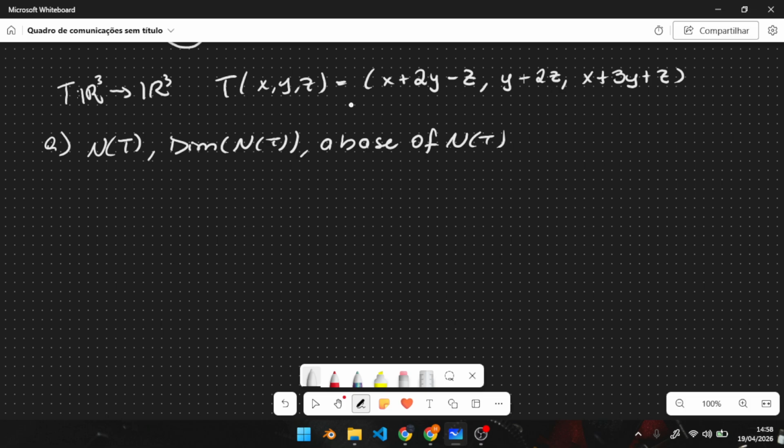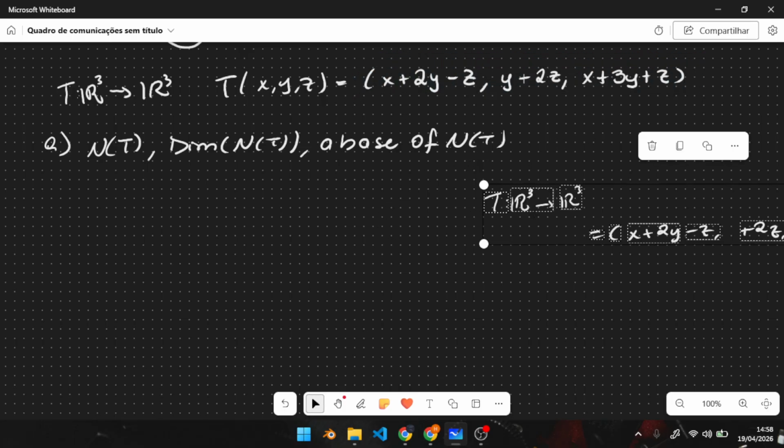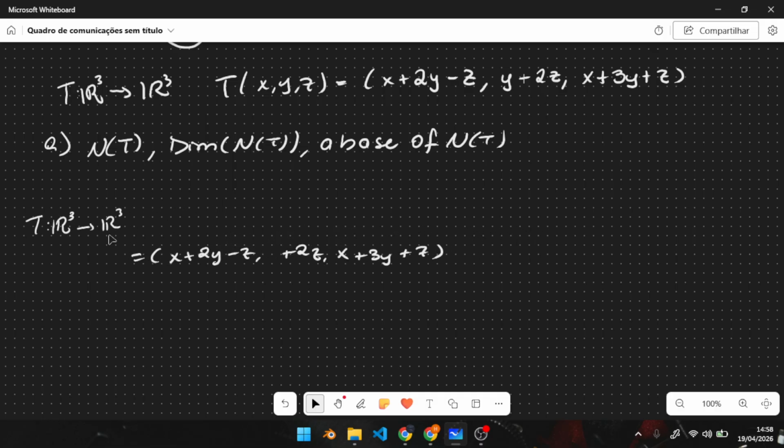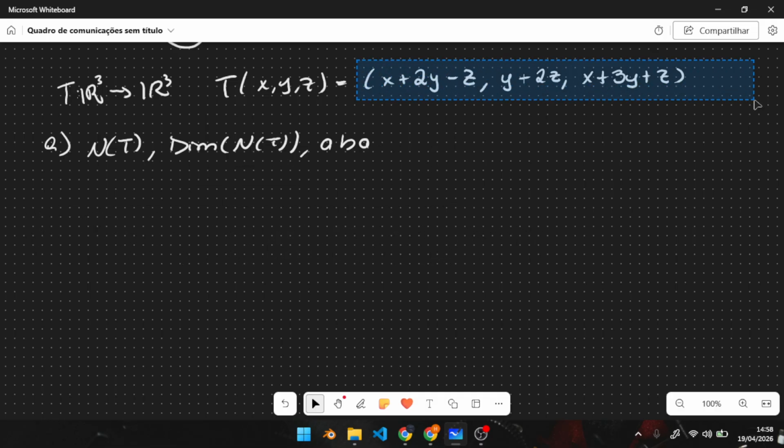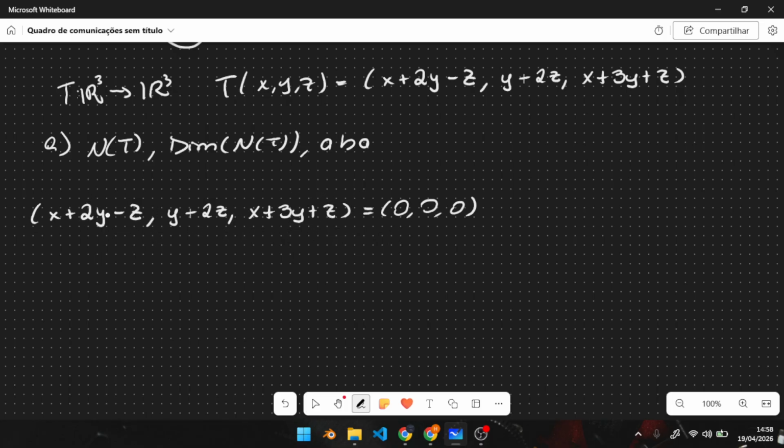So that's basically, in practice, you take x plus 2y. In fact, I'm just gonna copy this. You just take all of this and you put that equal to 0, 0, 0. Of course, because this right here is a transformation, but it's supposed to be 0.